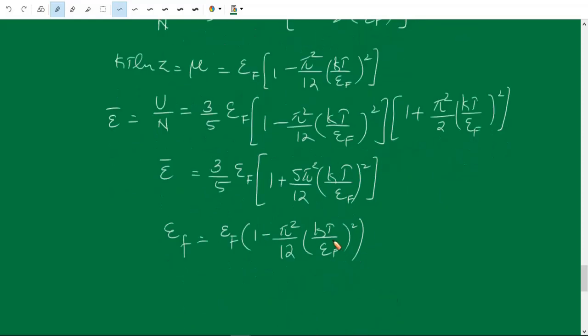So from these two equations, it's clear that the average energy increases as the temperature increases, but the Fermi energy decreases as the temperature increases.